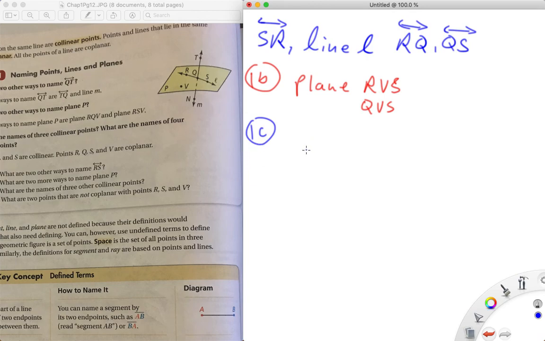So three non-collinear points could be N, V, S. And then 1D says, what are two points that are not coplanar with RVS? So two non-coplanar points with RVS would be N and T, like we said earlier. Okay.